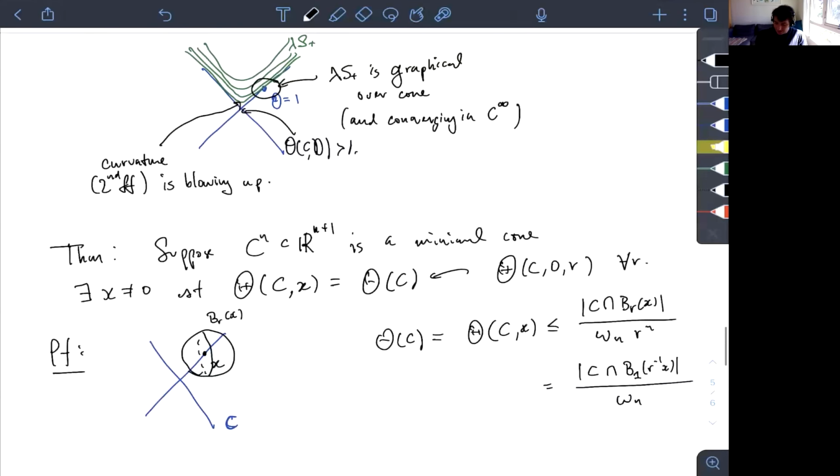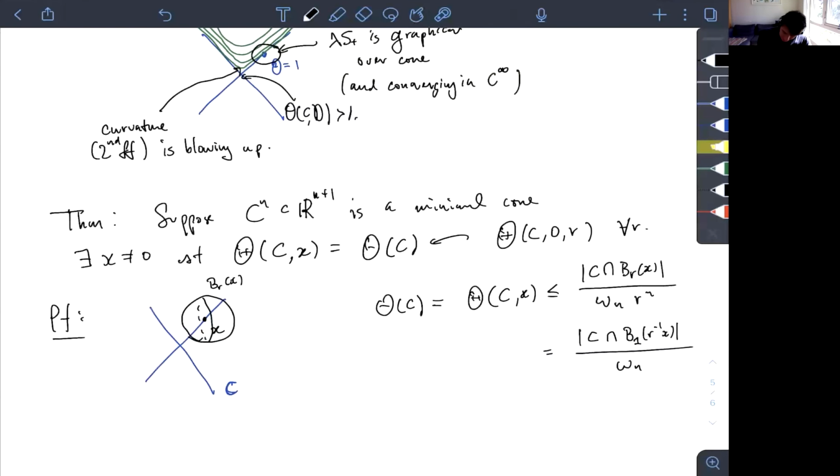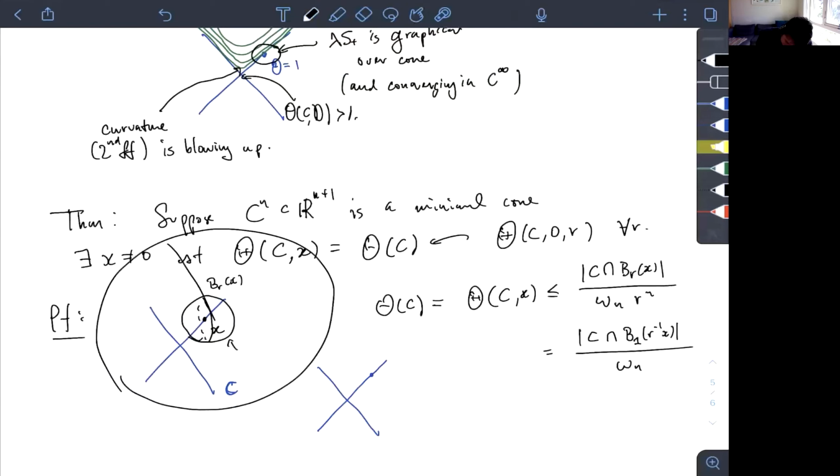And so now the point is that the new picture, we have, and I should say we're going to send r to infinity. So this picture, we could have actually imagined it was like this, but that's kind of a bit harder to understand.